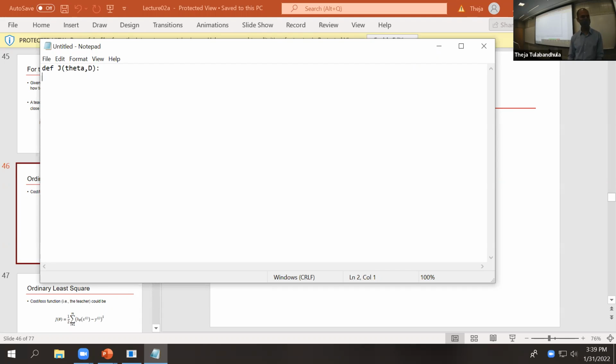So here you want to use the data set points to compute that summation, given the theta.